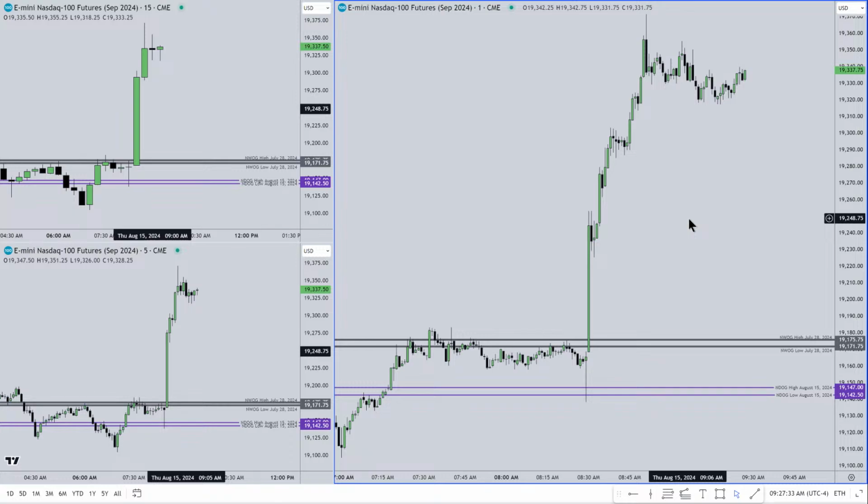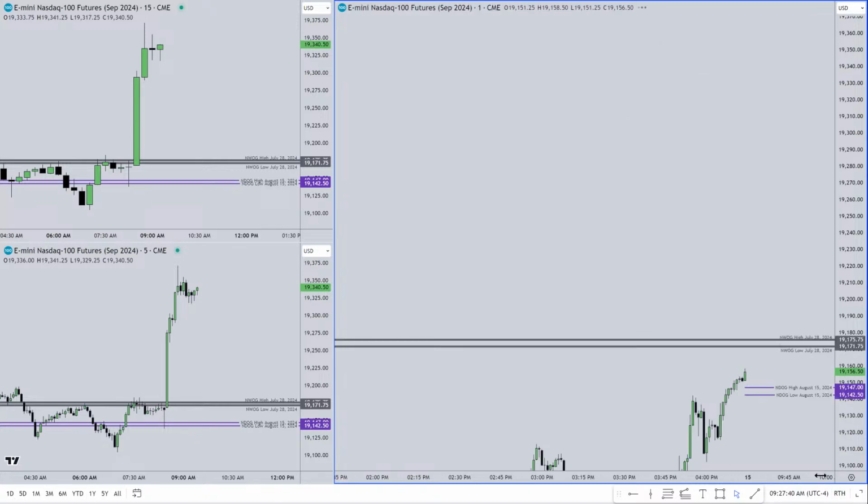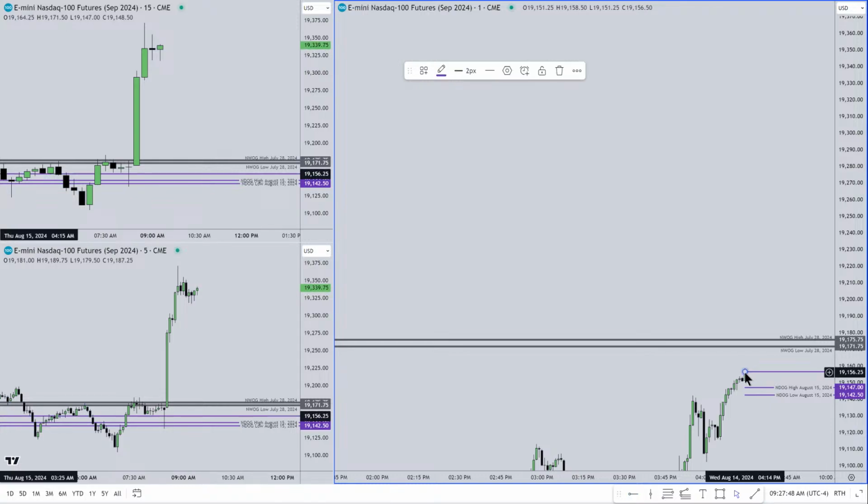So we will be watching how we open. There's going to be a rather large gap, so we'll be annotating that real quick here. So this is where we stop trading for regular trading session hours.